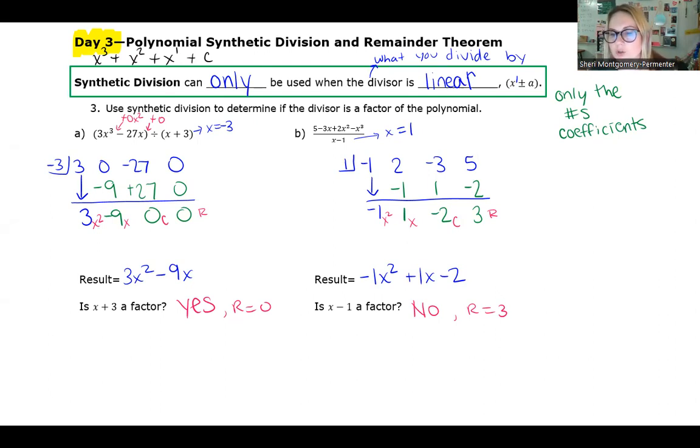For the remainder, you will always do plus the remainder divided by whatever it is you were dividing by. So in this case, I was dividing by x minus 1. You divide by x minus 1. So the remainder is always plus your remainder divided by your divisor.